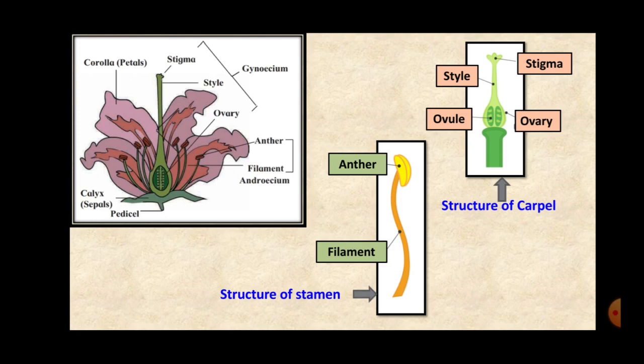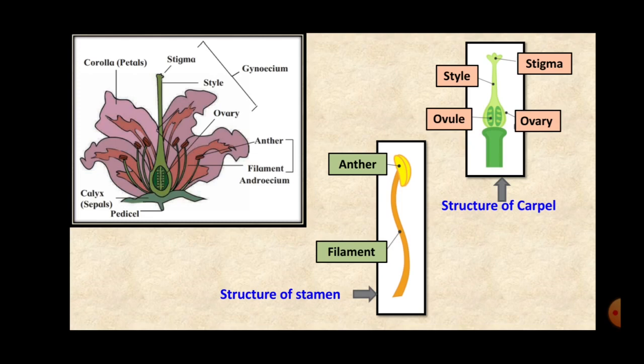So the uppermost part of the carpel, that is stigma, has a notch-like structure so that the pollen grains, when they fall on the stigma, adhere to the stigma, and it secretes a sticky substance also, because of which the pollen grains are not blown away by the wind currents.